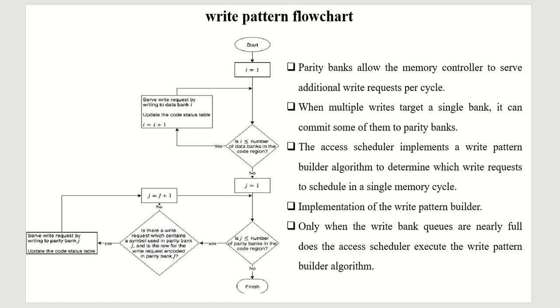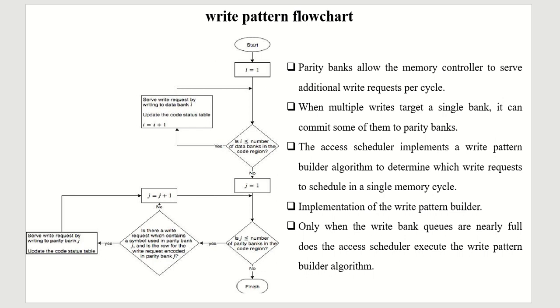In this, the bank allows the memory controller to serve an additional write request per cycle. In a cycle we can write only a limited number of bits. We can write only 1 bit or 2 bits or 4 bits, like this.